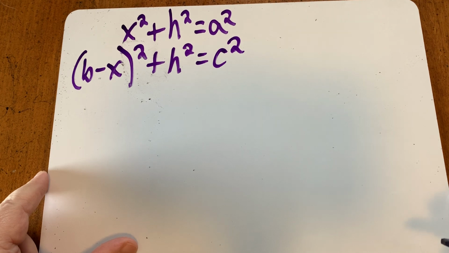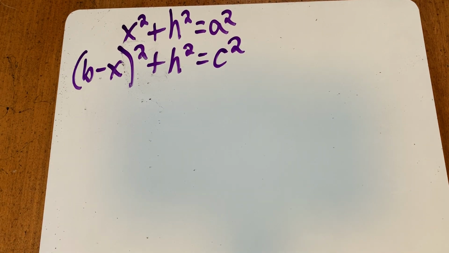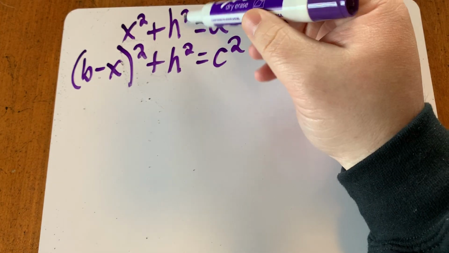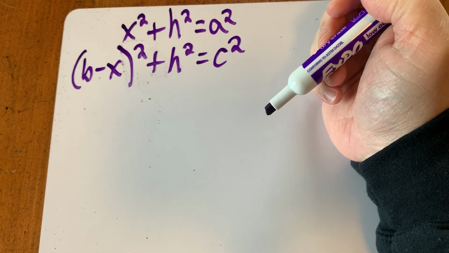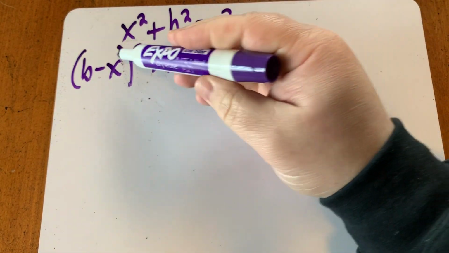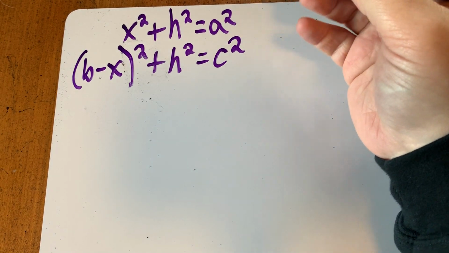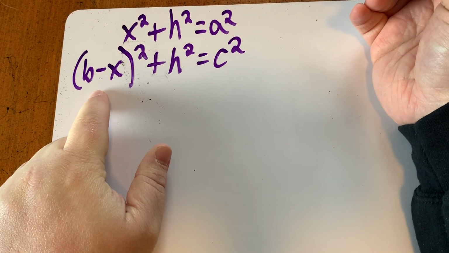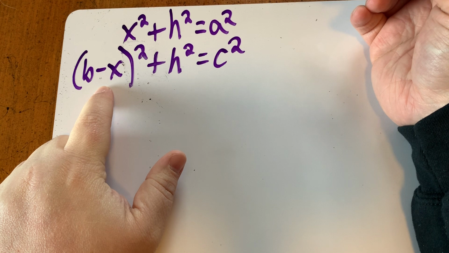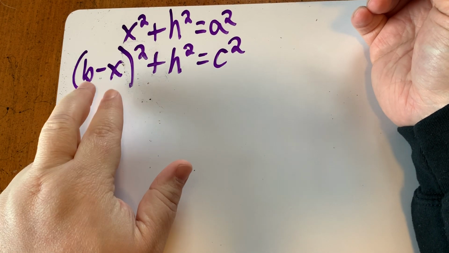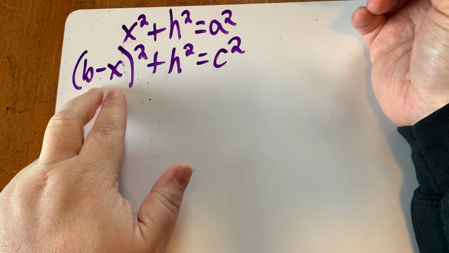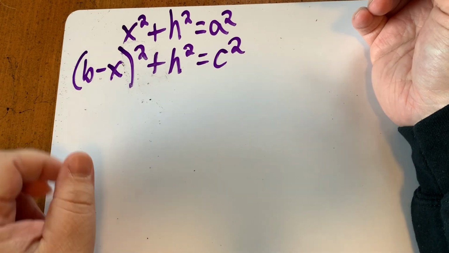So we have these two equations. And what we want is to find out h. Well, there's no way to find h with what we have because we have two unknowns. But we can expand this, b minus x squared. And remember, expanding a binomial to a second power, it is not just b squared minus x squared.